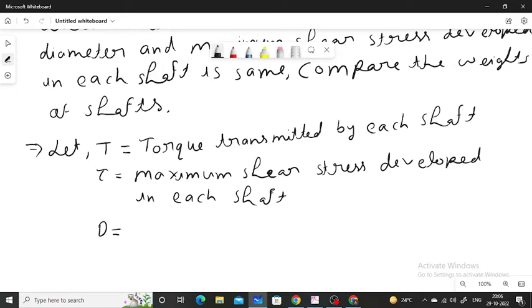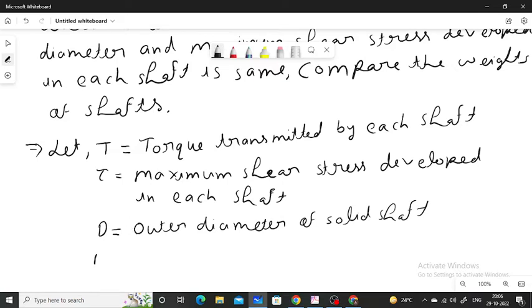D is the outer diameter of the solid shaft, and D_O is the outer diameter of the hollow shaft.